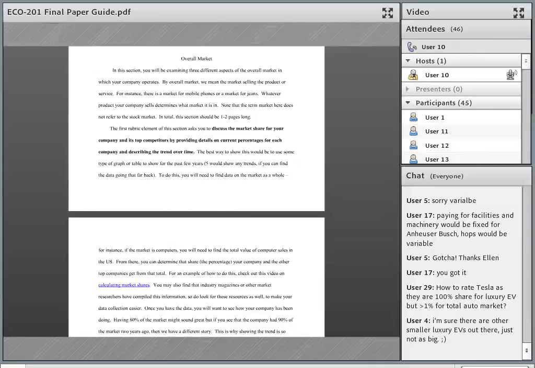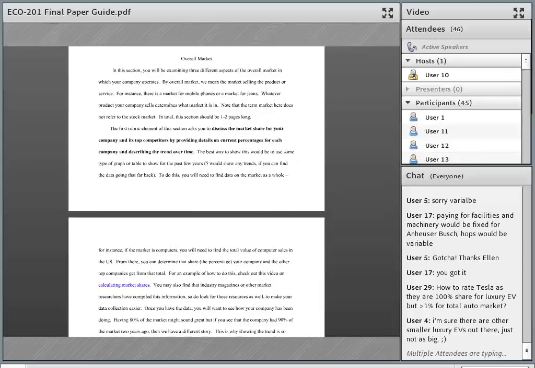So Alex, you could certainly say that in your paper. Alex asks how to rate Tesla, as they are 100% share for luxury EV, but about 1% for total auto market. Are they 100% for luxury EV? I know there's other electric vehicles out there. I don't know if any of them are considered luxury.